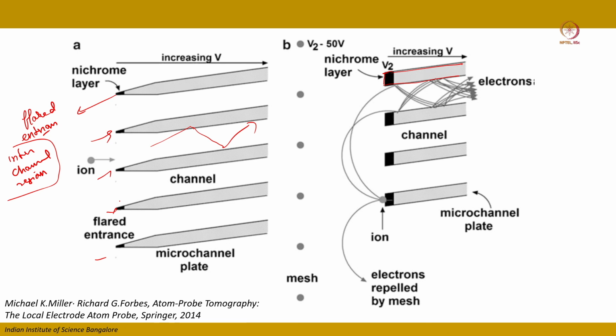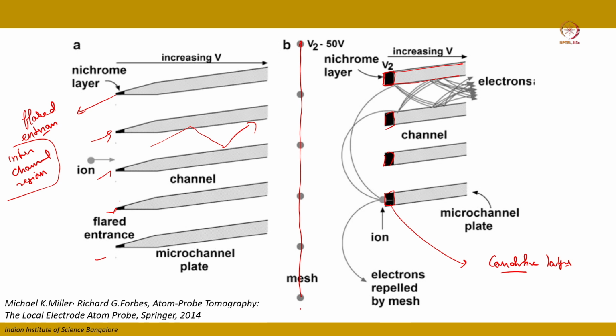One more technique to increase the detection efficiency is to coat the MCP side with a conductive layer, usually nichrome, and to put a mesh just ahead of the front end of the MCP.